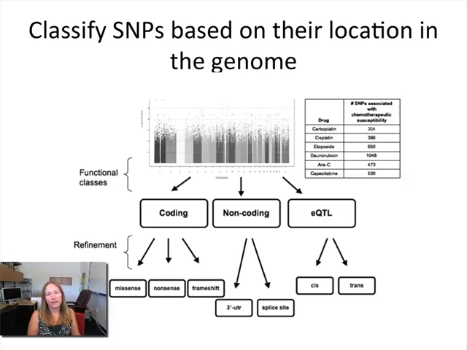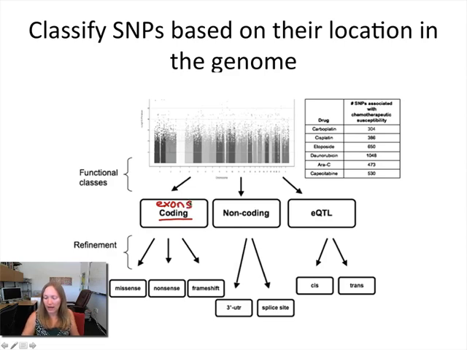So once they found all of these SNPs that did correlate with drug sensitivity, they classified the SNPs based on where they're located in the genome. So they basically have 3 main categories in which a SNP can fall. One is whether the SNP is in a coding region, so this is exons.